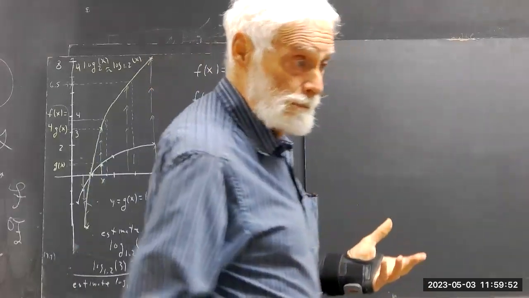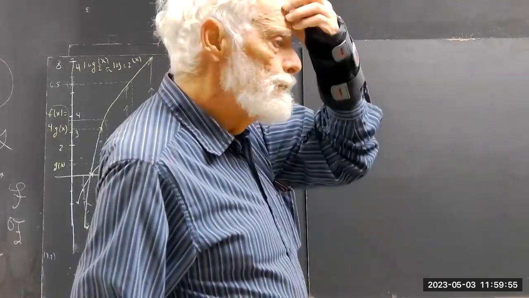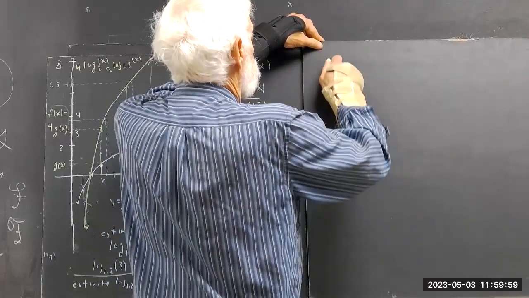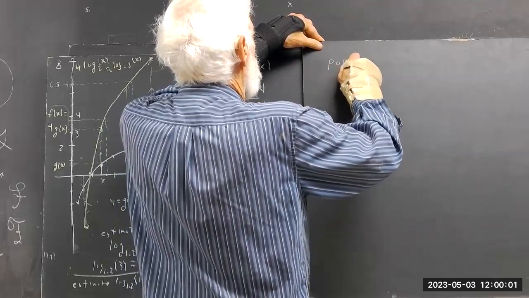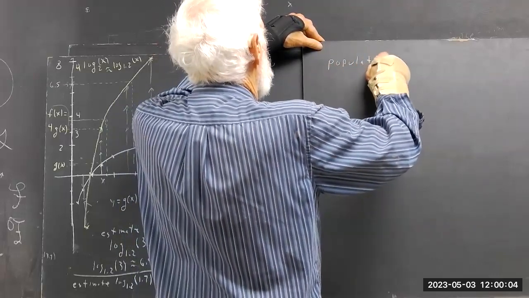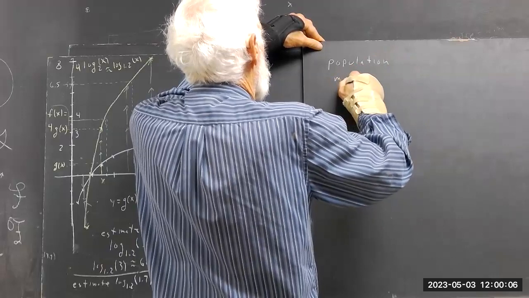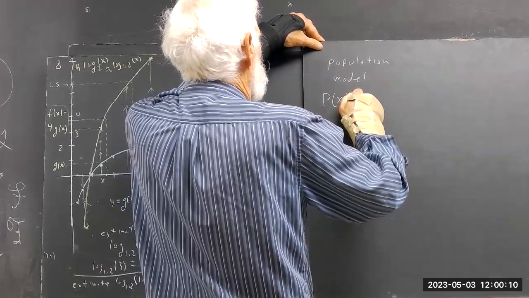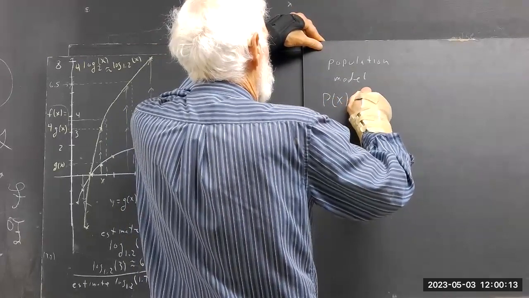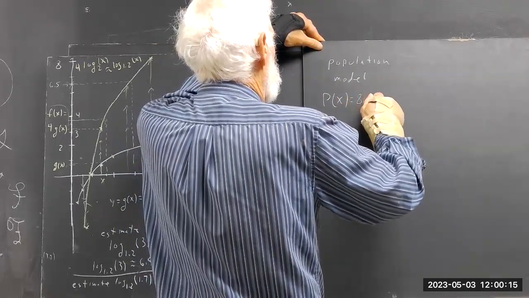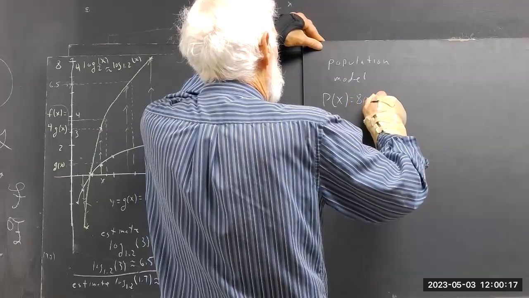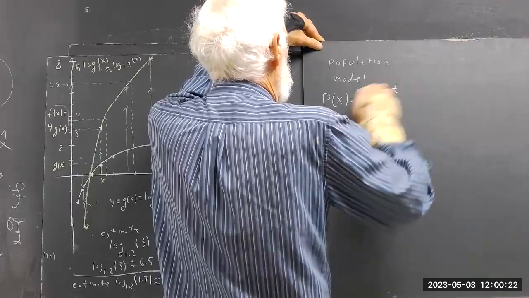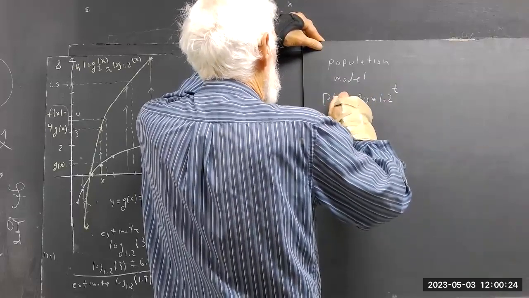Let's say that we've got a population, P of T equals 80 multiplied by 1.2 to the T. Instead of X, I'm going to use T for the variable.